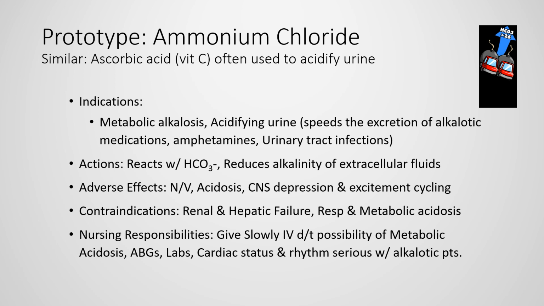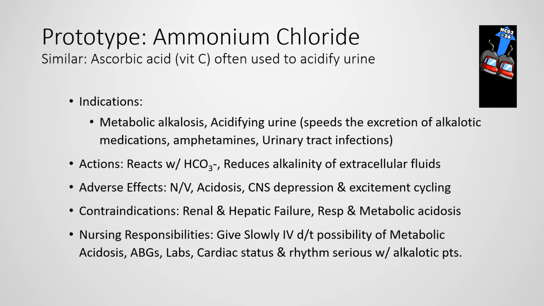If you have any other kind of acidosis, such as a respiratory condition, COPD, asthma, pneumonia, hypoventilation from a drug overdose, you already have respiratory acidosis. You'd never give someone another acid in the form of ammonium chloride. Or a metabolic acidosis from anything. You would aggravate it by giving this drug. Okay.